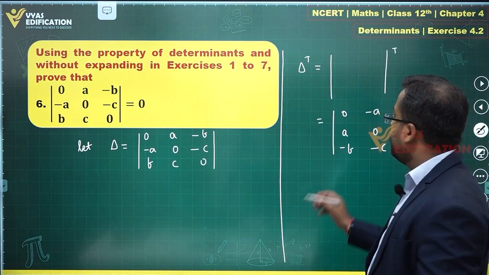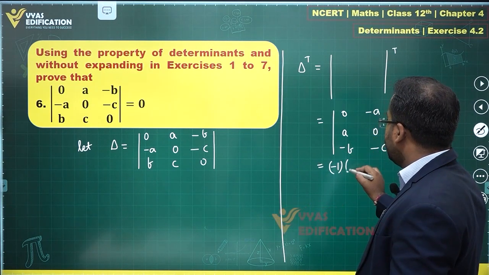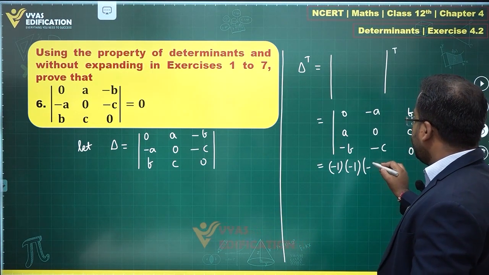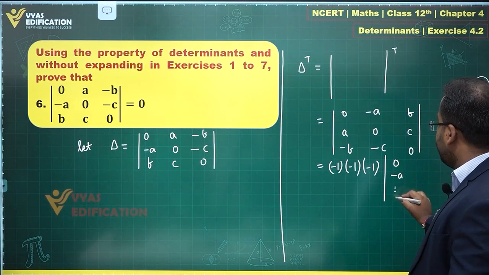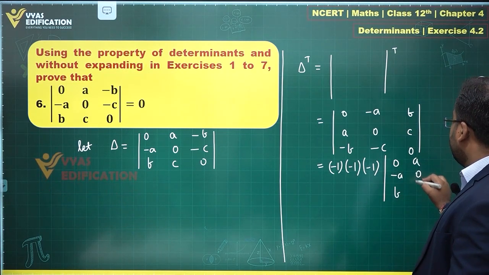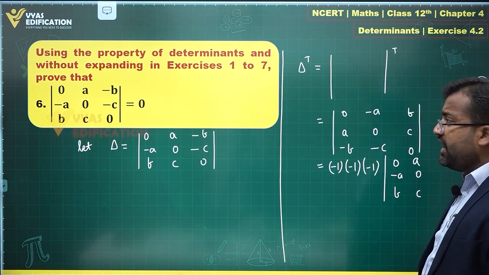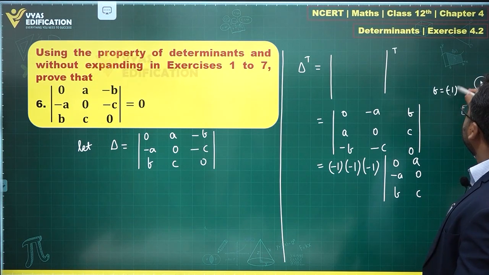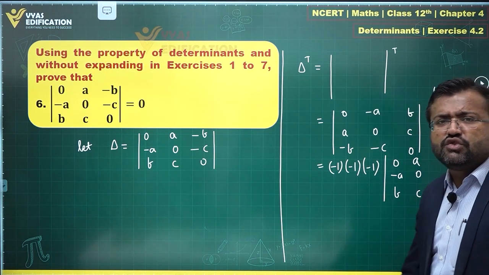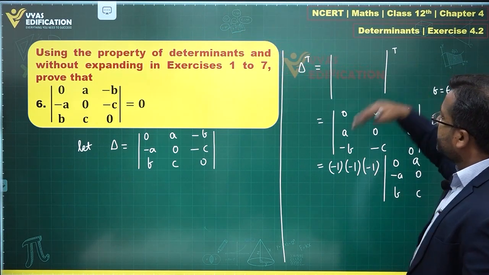What we'll get is minus 1 from this column, minus 1 from this column, and minus 1 from this column, which gives 0, minus a, b; a, 0, c; and, if you want to take minus common from here, imagine this b as minus 1 squared times b. What is minus 1 squared? That's simply minus 1, right? So you have taken a minus 1 common.